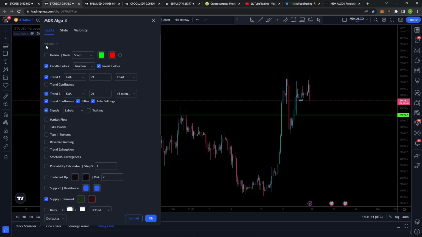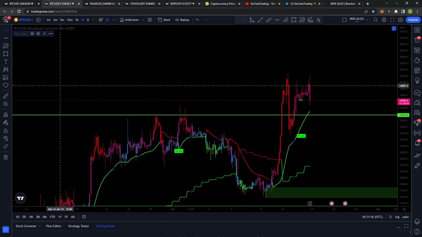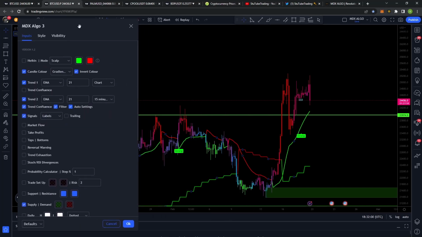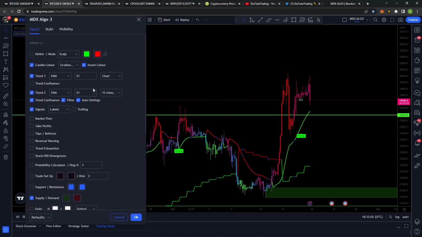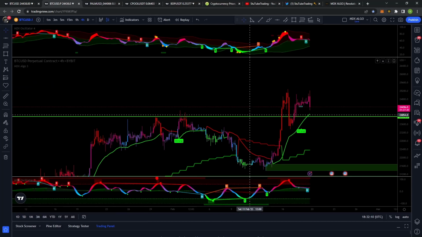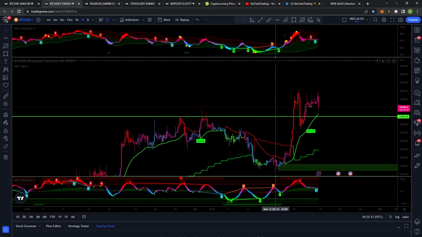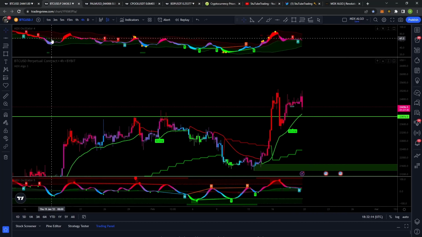Some things that I really like about the indicator updates is as I turn it on here, you can see we do now have the inverted color on the candles, which is beautiful. That's what I've been doing lately when I have these indicators on. I just really like how we see the indicators lining up with a whole bunch of green when you're getting to a bottom, for example.